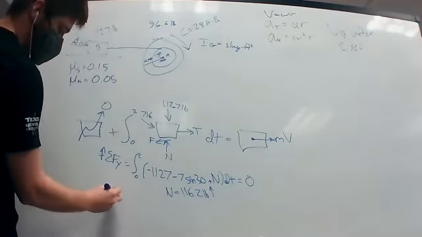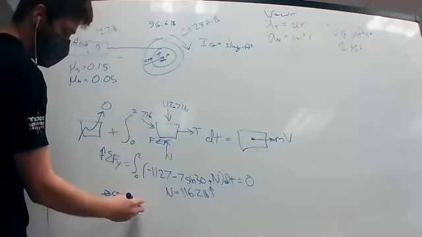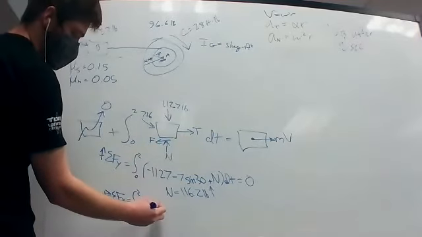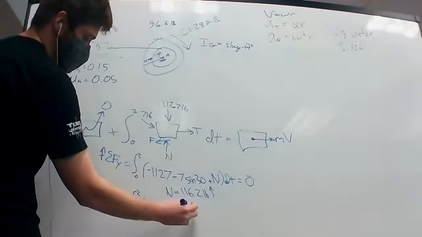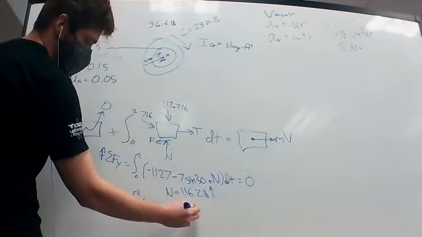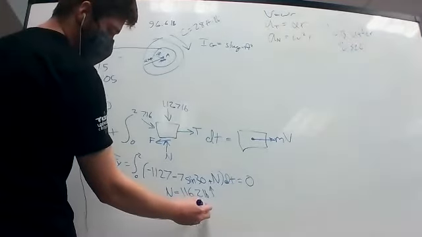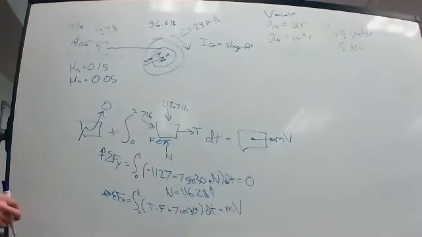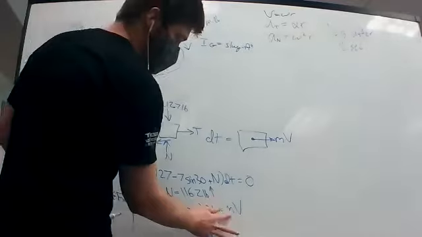Now the sum of the forces in the x direction is going to be equal to 0 plus the integral from 0 to 2 of T minus F plus 7 times cosine 30 degrees, dt, equal to mass times velocity. Here we can replace the mass with the mass of the block, because we know the weight of the block, so we can divide by 9.81 to get the mass.